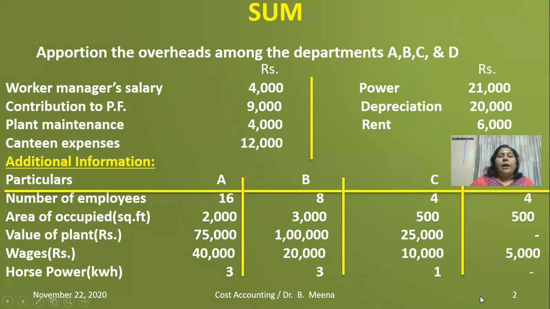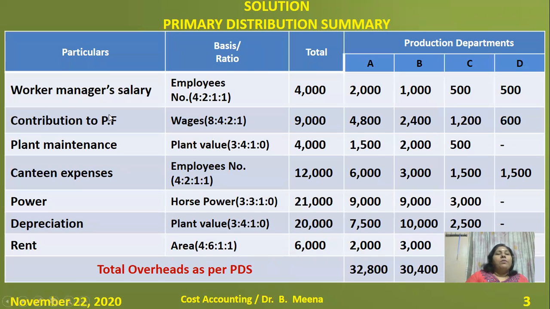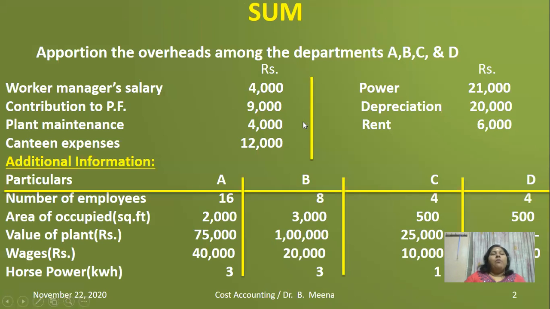Now look at how I showed the amount: contribution to PF, wages basis, 8 is to 4 is to 2 is to 1. 9,000 is the total. So 9,000 divided into 8 by 15. How do I get the 15? 8 plus 4 plus 2 plus 1, 15. So 8 by 15, 4 by 15, 2 by 15, 1 by 15 respectively for A, B, C and D out of 9,000.